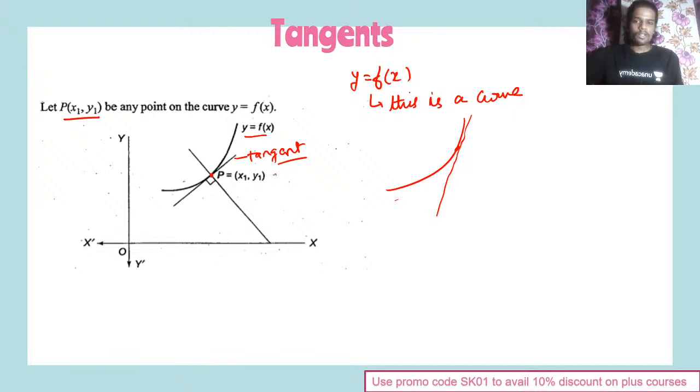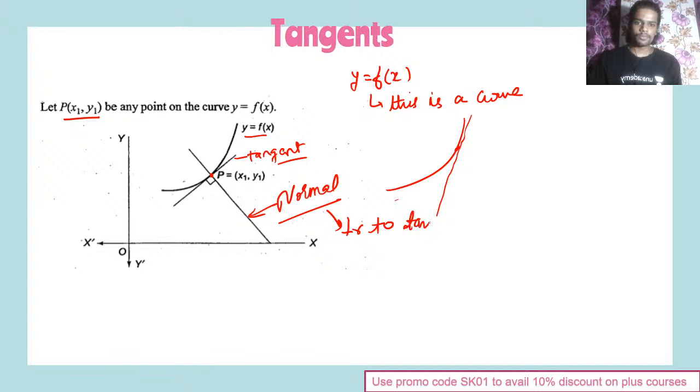What is a normal? Now, normal is a line which is perpendicular to the tangent. So, for example, this is the tangent, and if you want to draw the normal, this is the normal. The normal at a point is a line which is perpendicular to the tangent.